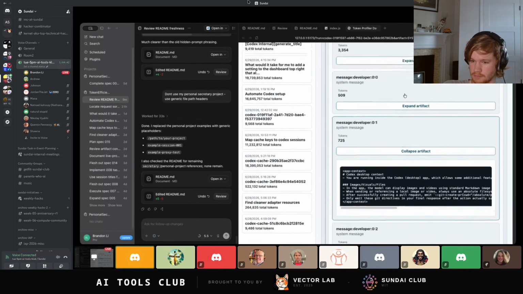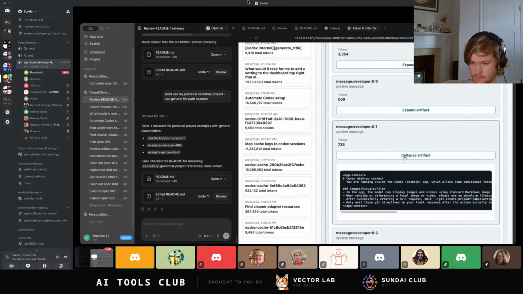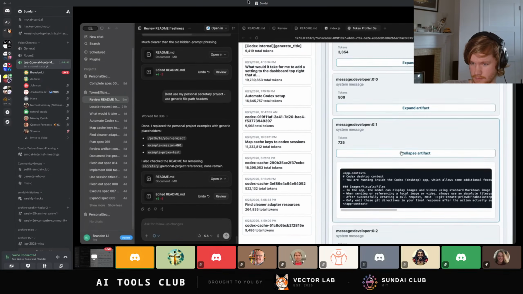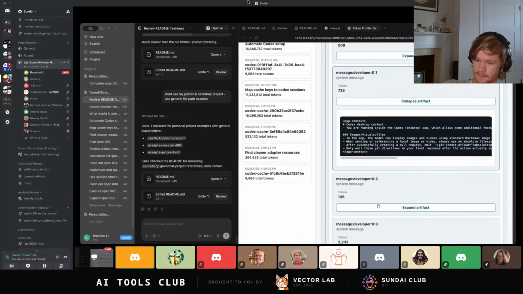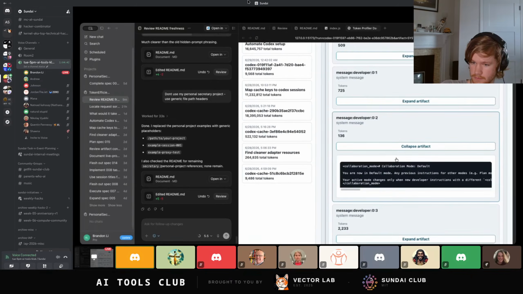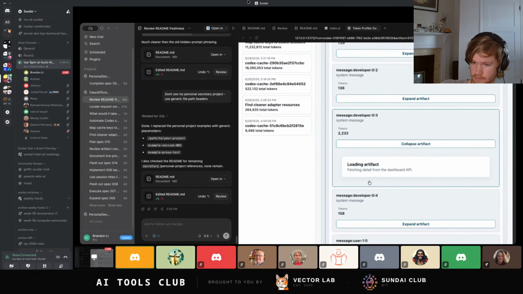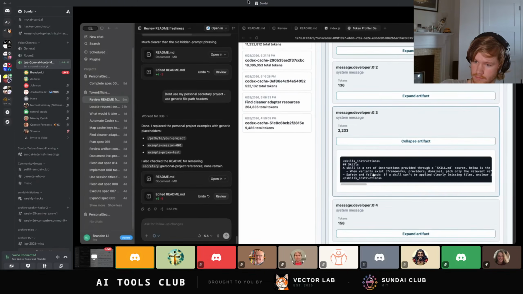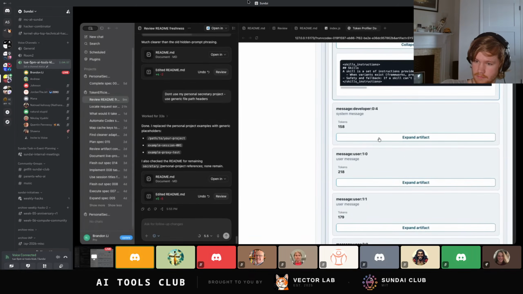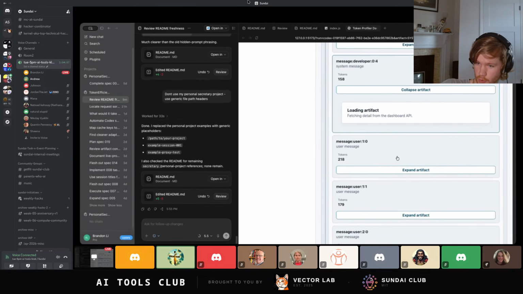I guess I would need to make it so that collapsing an artifact doesn't make everything get collapsed. But it sounds like this is more what you're looking for: what is in each artifact when you compact. Yeah, exactly. Cool, so you can dig into it.